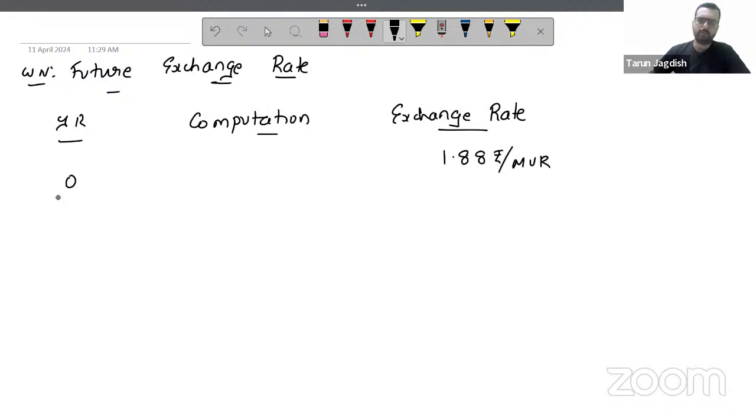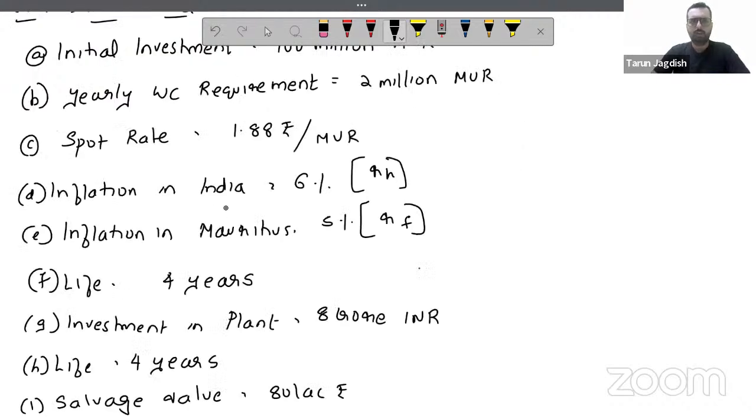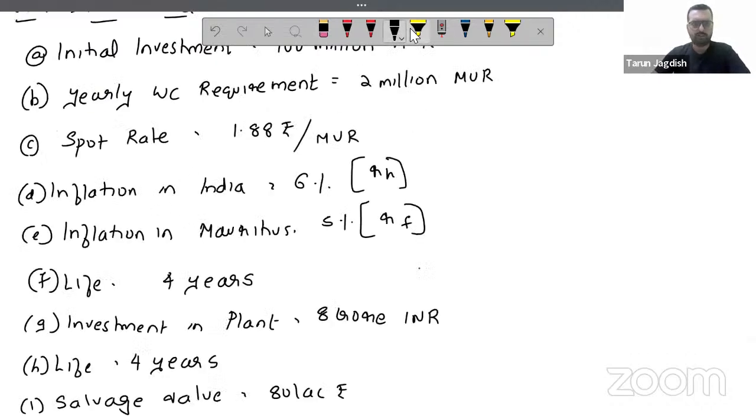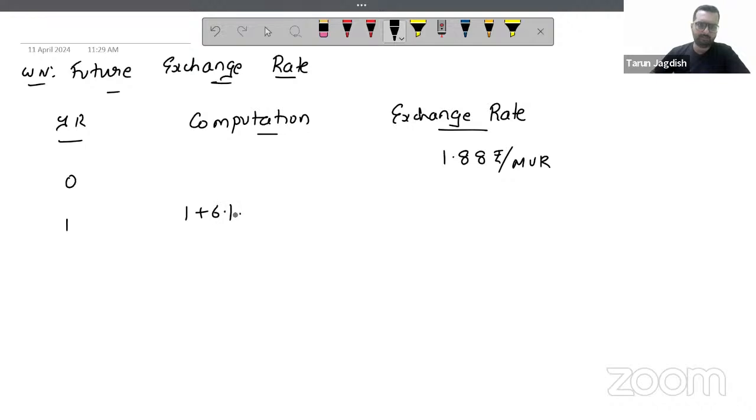Rupee per MUR, correct? So year 1, it will be 1.88 into, sorry, it's not like this, (1 plus RH), RH is what? 6%. So it will be 1 plus 6% divided by 1 plus 5% is equal to F divided by spot.